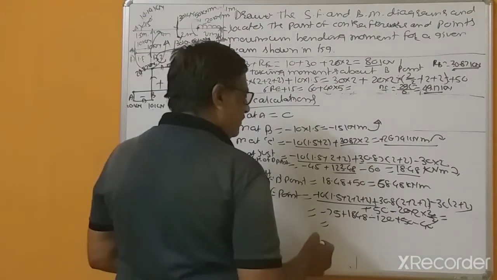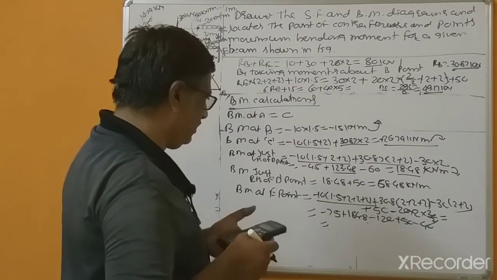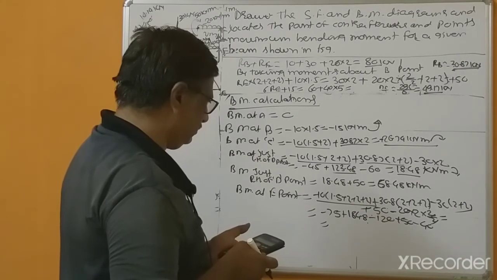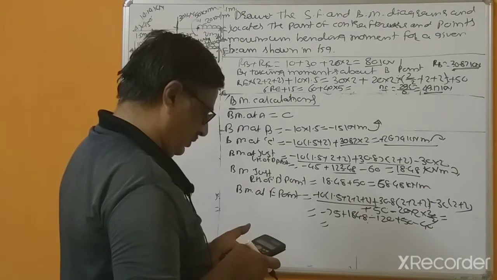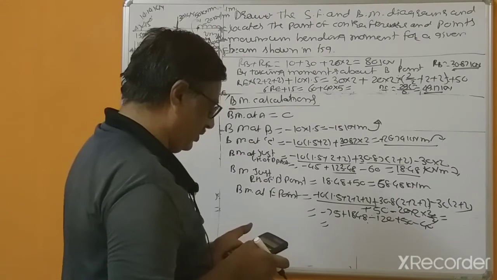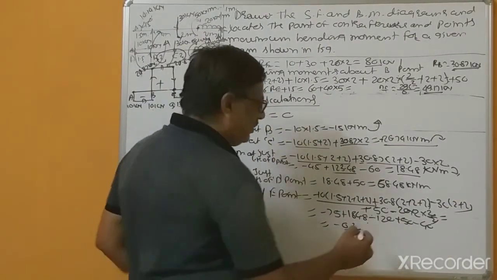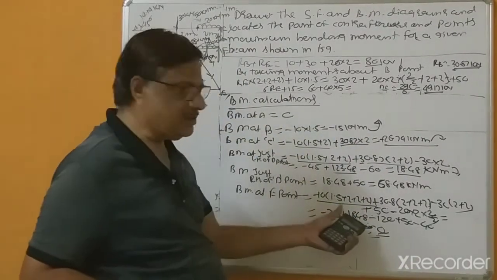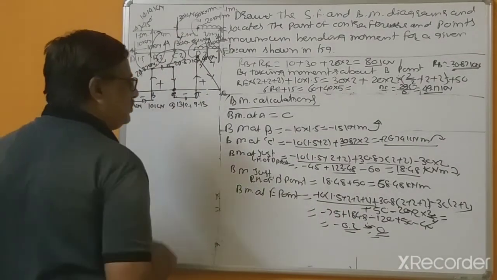So this is 184.8 plus 50 minus 75 minus 120 minus 40. So this is approximately 0.2. So this is equal to 0, because due to decimals, and this should be actually 185. So that's why this is 0.